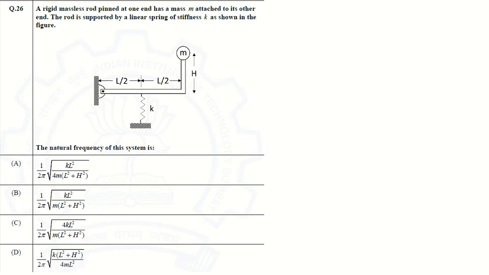Next question is, a rigid massless rod pinned at one end has a mass m attached to its other end. The rod is supported by a linear spring of stiffness k as shown in the figure.